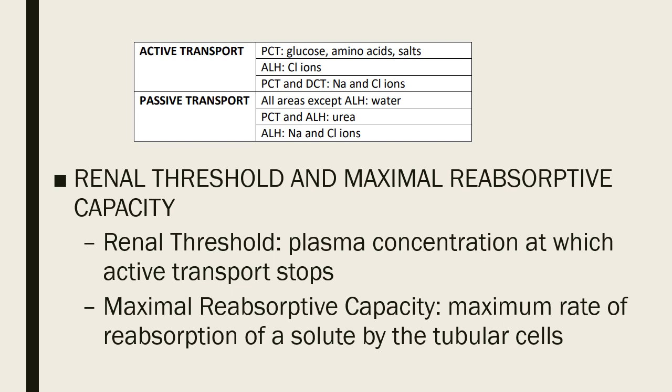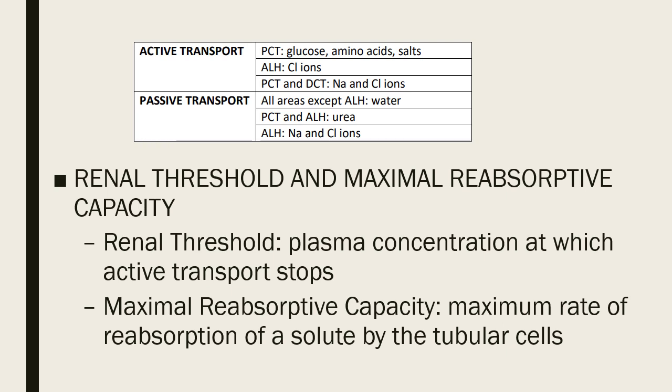Let's take a look at the renal threshold and maximal reabsorptive capacity. The renal threshold is the plasma concentration of a substance at which it begins to appear in the urine. Below this threshold, the substance is completely reabsorbed by the renal tubules.